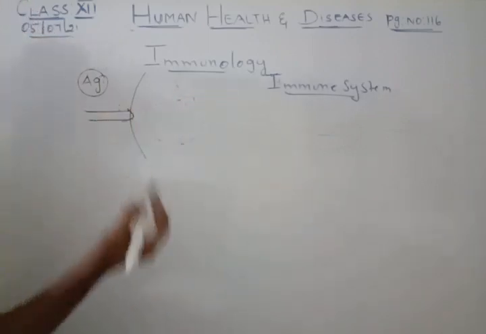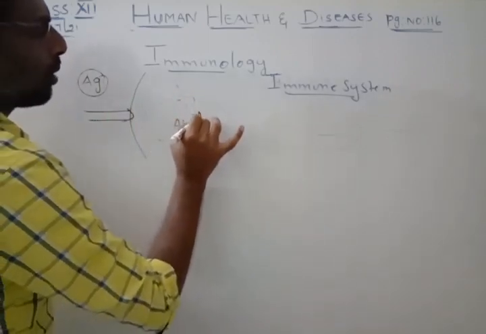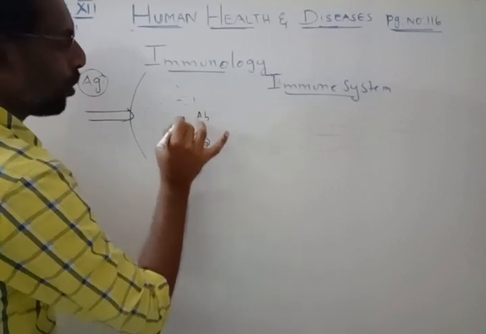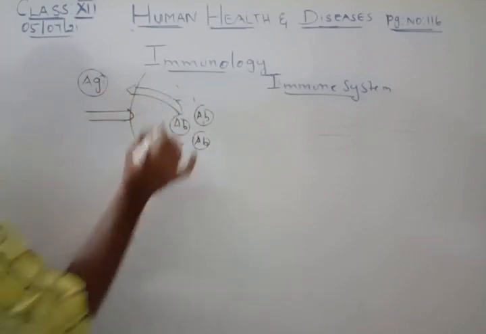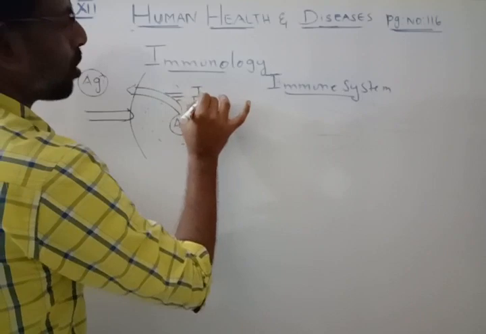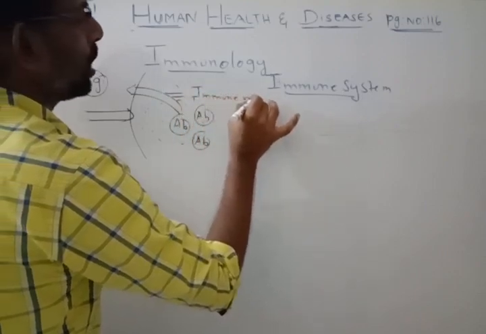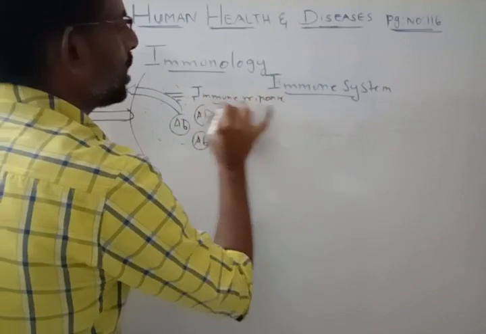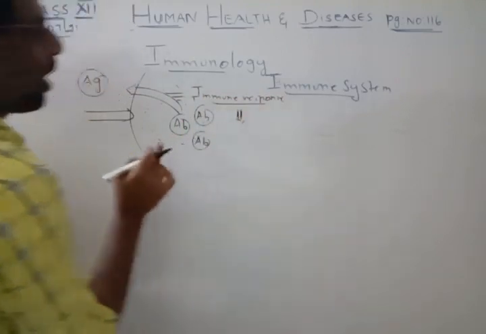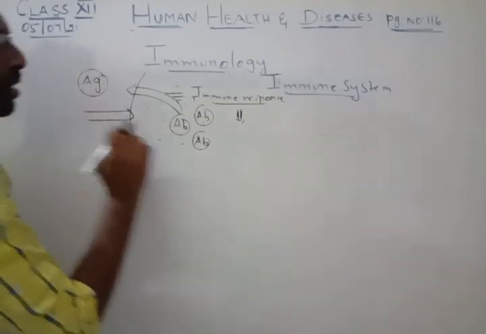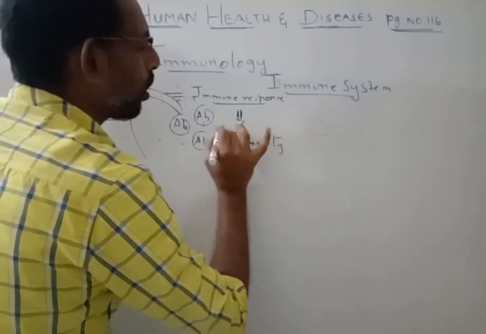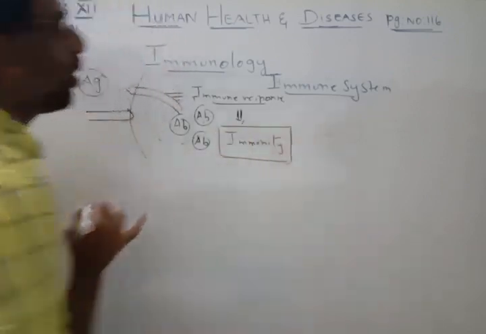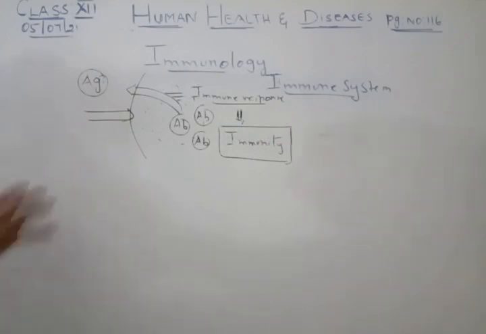In the immune system, antibodies are activated or produced, and this antibody will fight with this antigen. This is called the immune response, and this immune response is antibody against this antigen. So we call this immunity. All organisms have this immunity in order to defend their body from any disease-causing antigens or microbes.